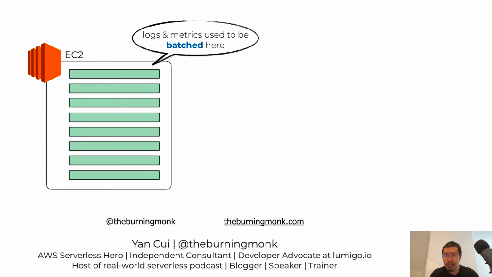But one of the things we do lose on the monitoring side of things is this economy of scale, whereas before our agents could collect logs and metrics and batch them at the EC2 instance level, which can cover many concurrent requests happening on the server.